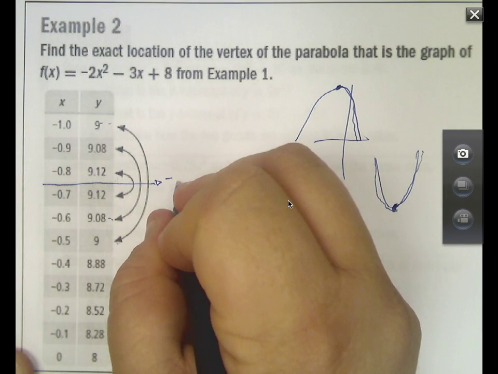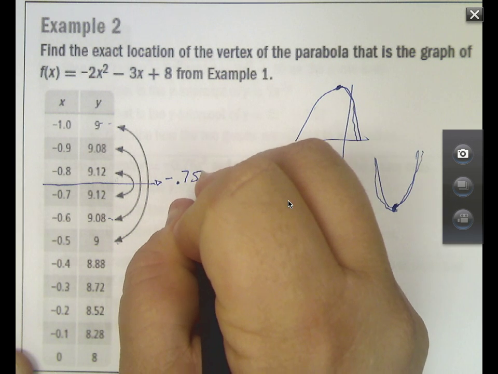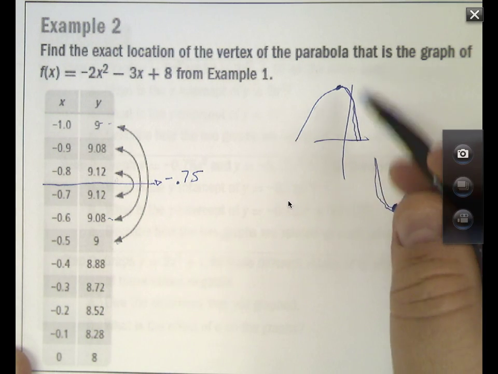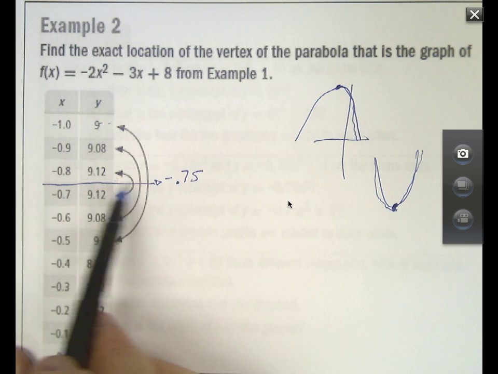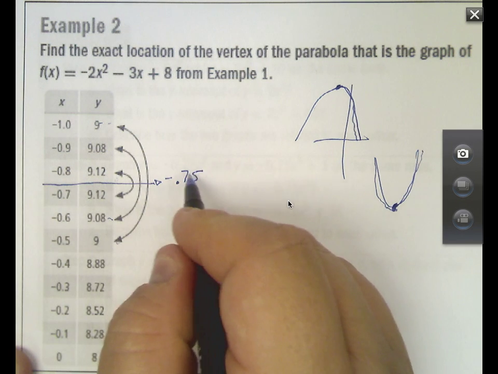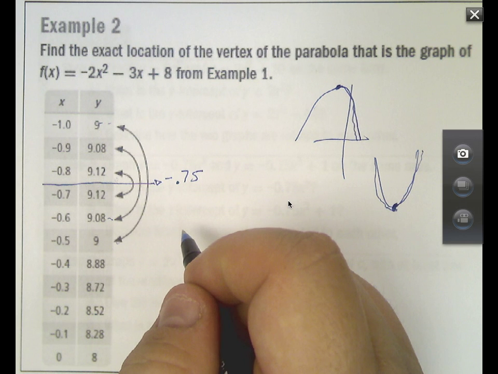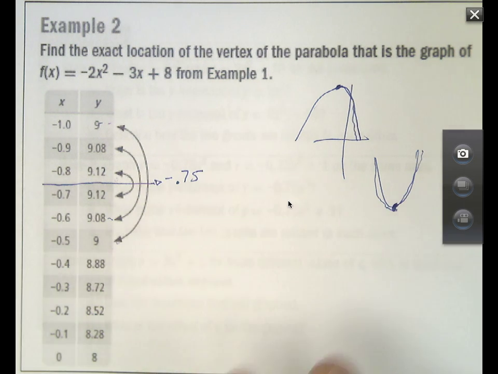So it looks like we probably had a vertex at approximately -0.75. Notice the difference from us just guesstimating where it was, as opposed to looking at the table and getting a more precise answer.